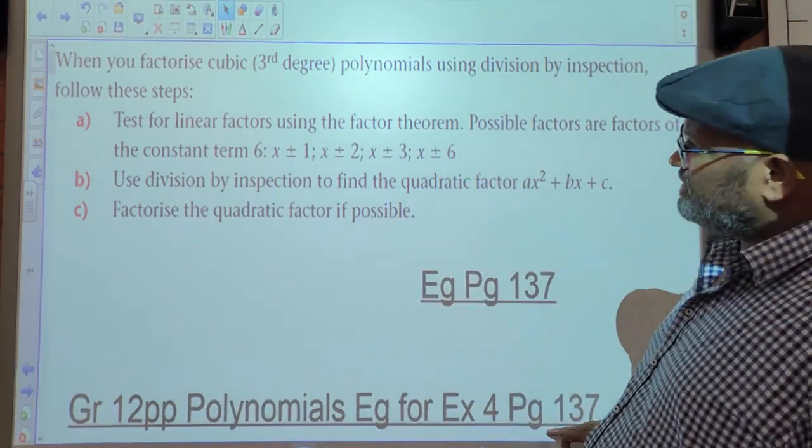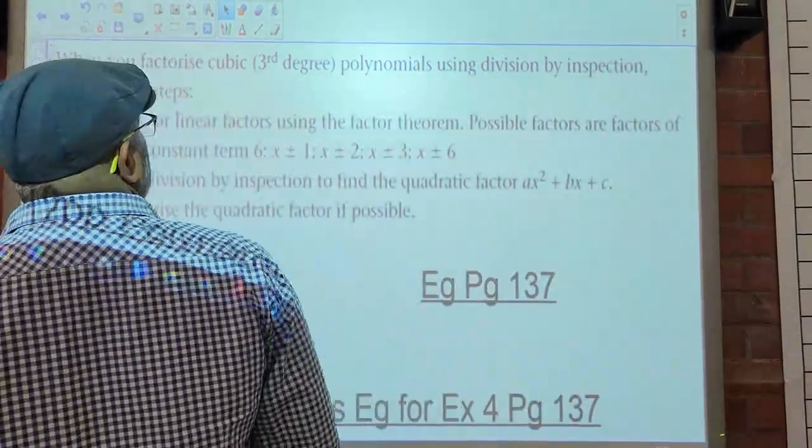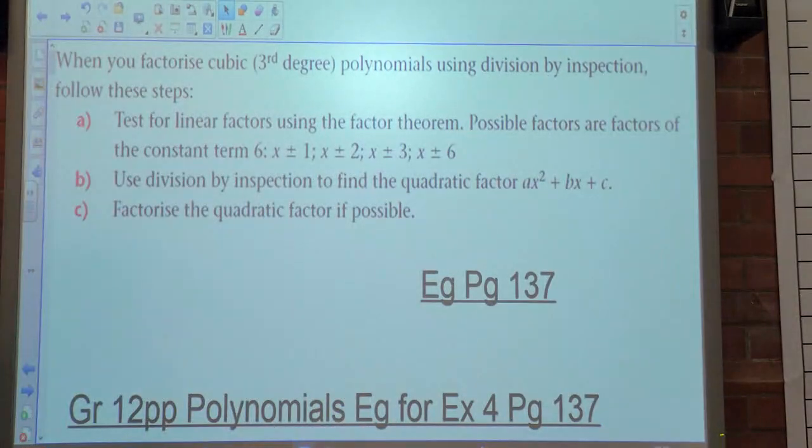Okay. So when you factorize a cubic or a third degree polynomial using division by inspection, follow these steps. You guys can write these steps down. Test for a linear factor using the factor theorem. Possible factors are the constant terms of 6, so x equals plus minus 1, plus minus 2, plus minus 3, plus minus 6.